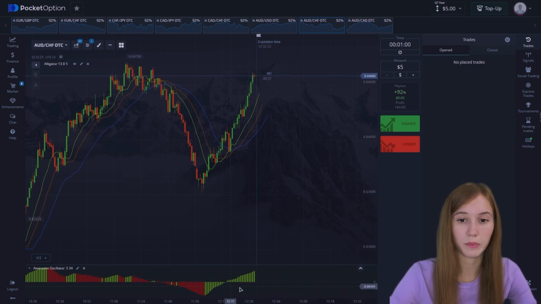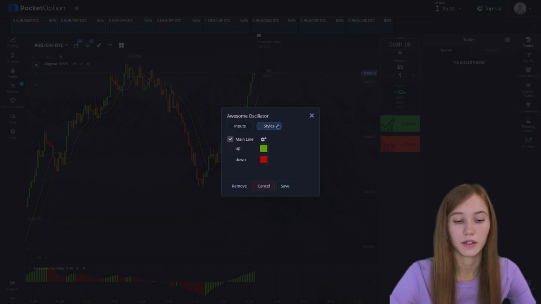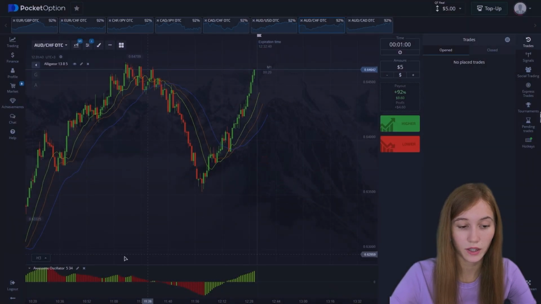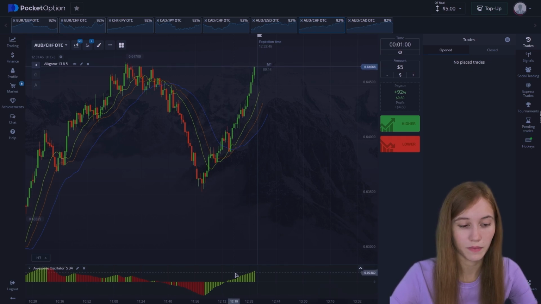It's very important. And the second indicator, the oscillator, is located at the bottom of the screen. Its settings I won't show for long. This indicator mirrors the mood of our market and shows what the market is like at the moment.